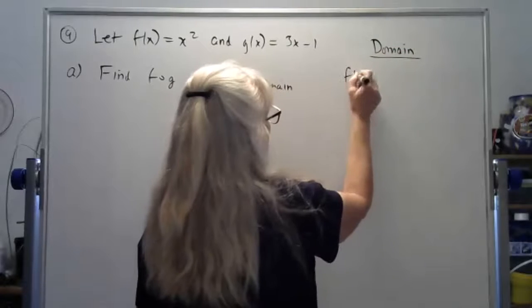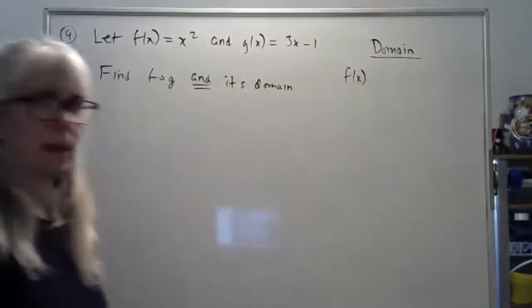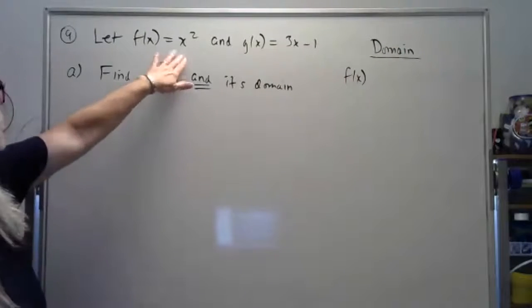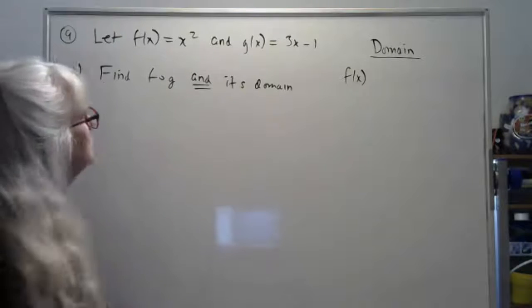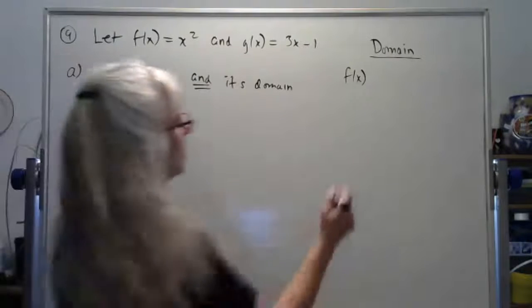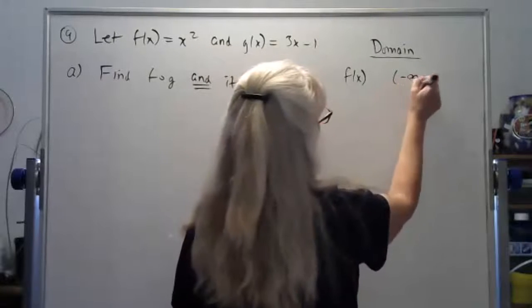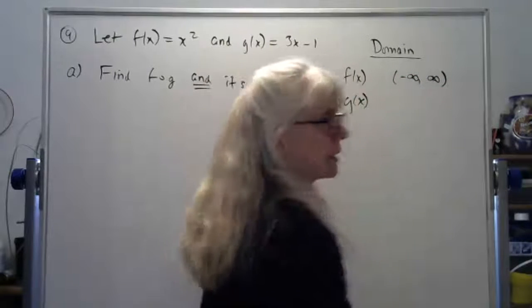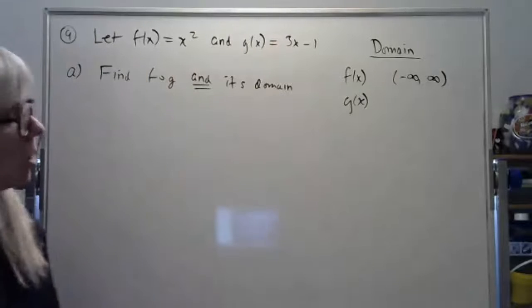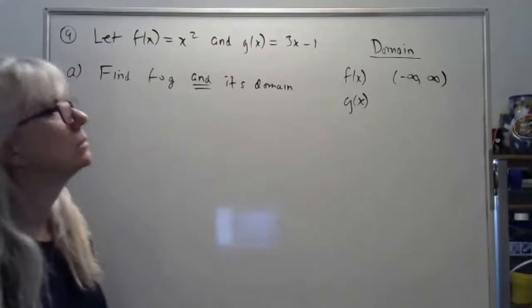So for f of x, what is its domain? So f of x is equal to x squared. Does it have any restrictions? All real numbers. Yep, beautiful, all real numbers. So negative infinity to infinity. It has no radical, it has no x in the denominator, all real numbers. What about g of x?